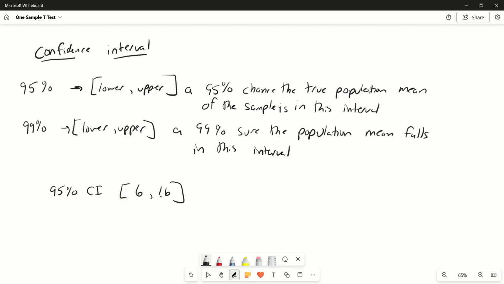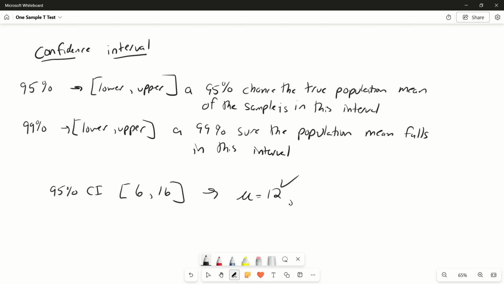Now, I want to ask you, is this sample from a population different from 12? A population with a mean of 12. You look, and 12 is in this interval between 6 and 16. So this sample is probably from a population with a mean of 12. This sample would be likely from this population.